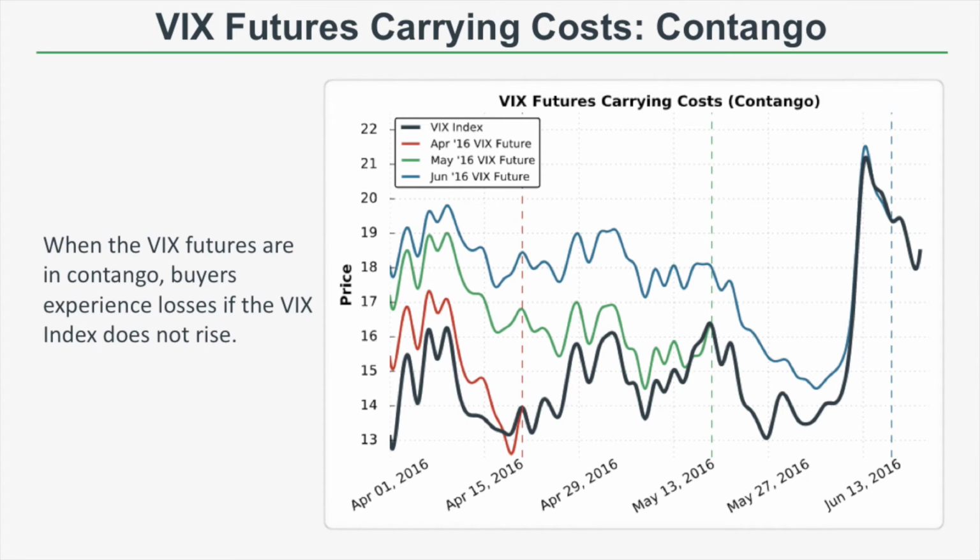However, if you look at the VIX index and the value of the June VIX future right before that big spike, you'll see that the VIX index was trading between 13 and 14, while the VIX future that settles in June was trading between 14 and 15. So just know that if you buy a VIX future when volatility is low, you're essentially saying that you believe the VIX index will rise to a value greater than your VIX futures purchase price by the time the VIX future settles.